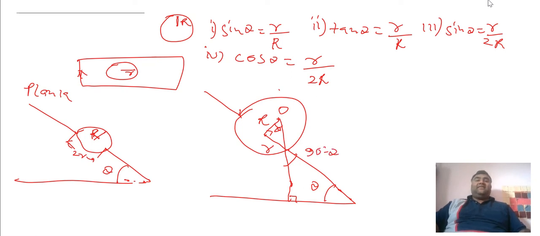Since this is 90 minus theta, the vertically opposite angle is the same. Applying the angle sum property in this smaller triangle, again this will be theta. The question is to find the maximum value of theta.